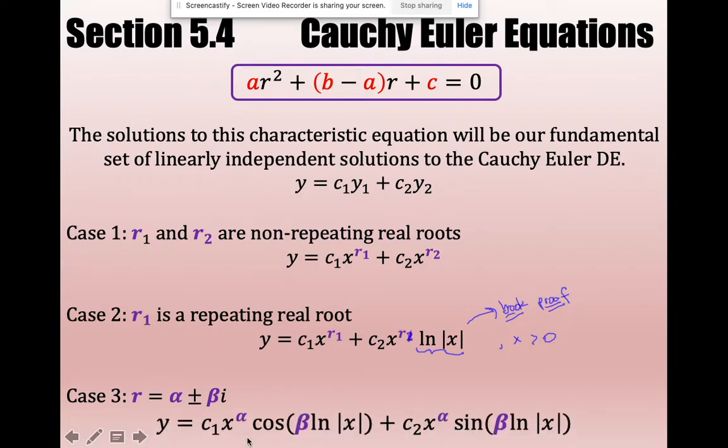So notice this time that again, I don't have e to the, I have x to the real component, and then sine and cosine to the coefficient of the non-real. And then I have to multiply by ln of x here.